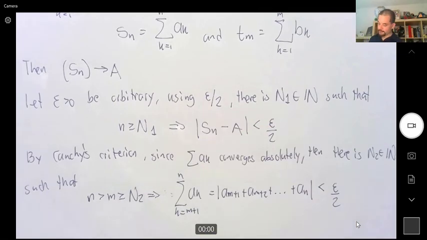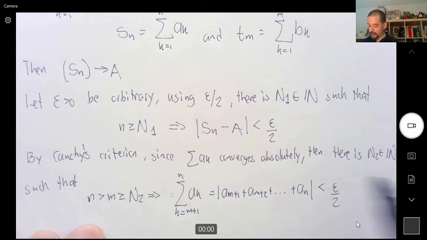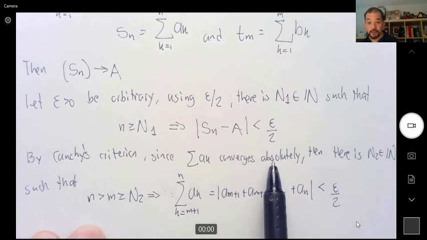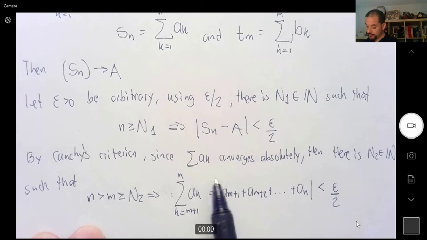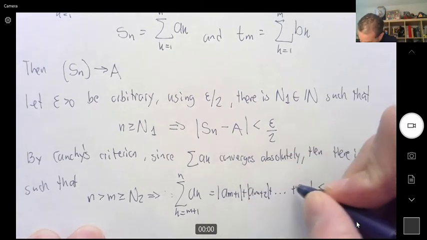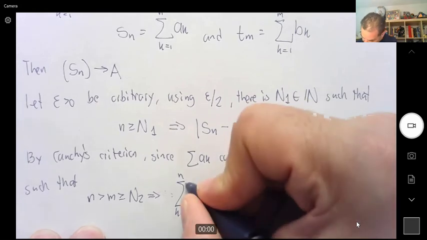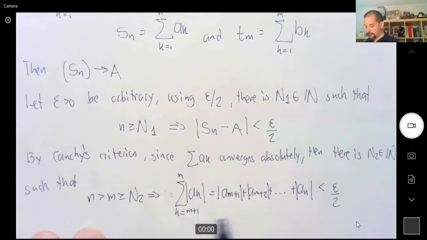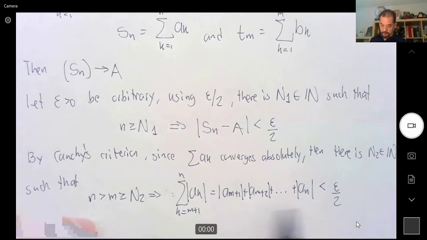Oh, but I'm not doing it right, because I said converges absolutely. So I should have actually put the absolute value bars on these terms. This is really the one where you add up the absolute values. That's the one we need.